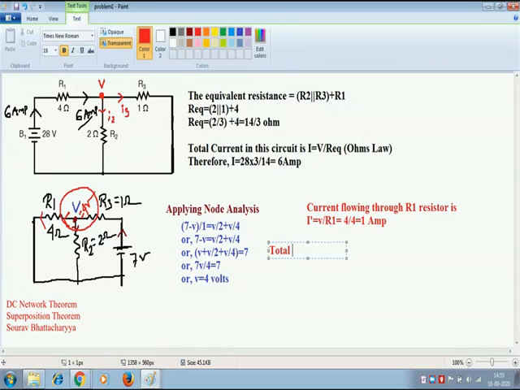Total current flowing through R1 is, now remember the superposition theorem, the algebraic sum of current due to individual sources.